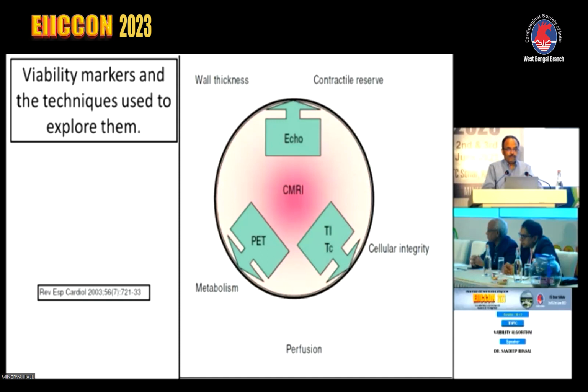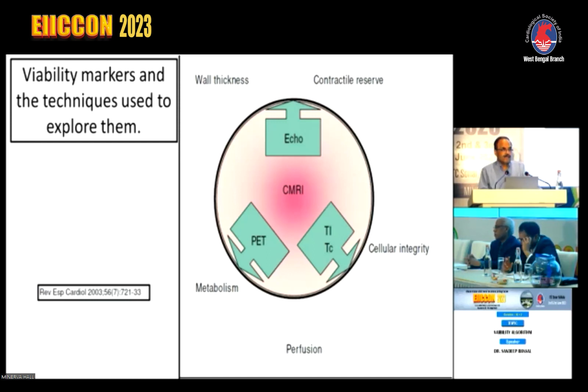So based on that, this also shows the 4 major ways in which myocardial viability is detected. There are some non-invasive and other markers also, but by and large, we either use echocardiography, we use positron emission tomography, or the PET studies, as we call them. We also have thallium studies and technetium-based perfusion studies.